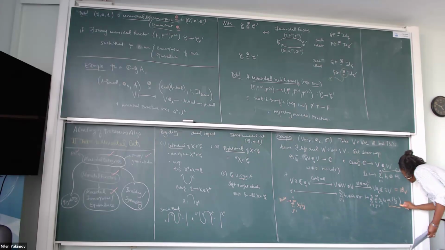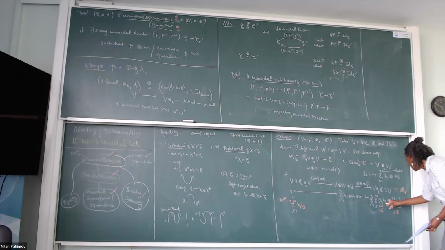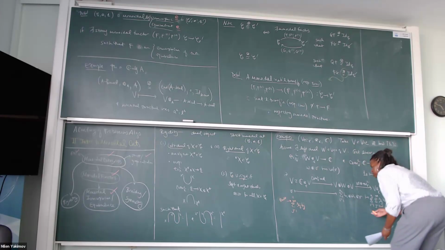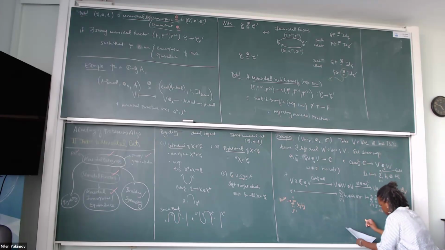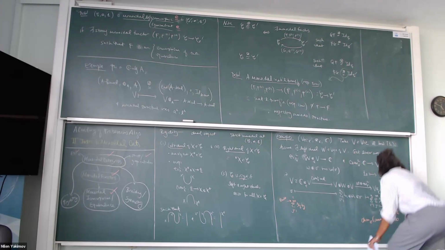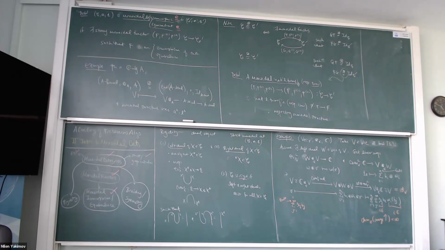But this is in C, and this is in C. So this whole thing is in a finite dimensional vector space. So basically the dimension of the image of this map is finite. That's forcing me to be finite dimensional. Okay, so rigidity is really tied to finite dimensionality.